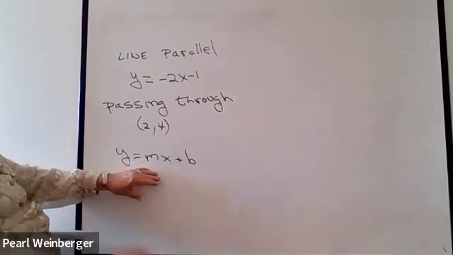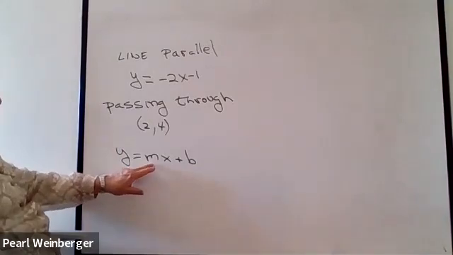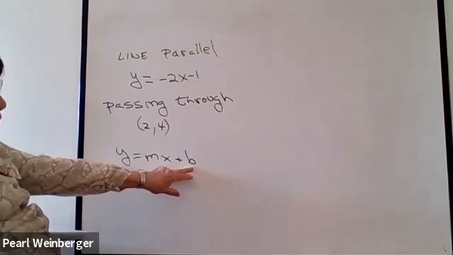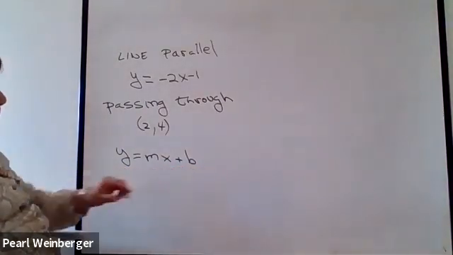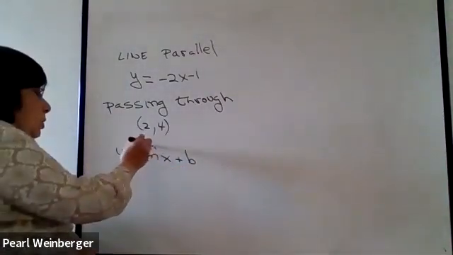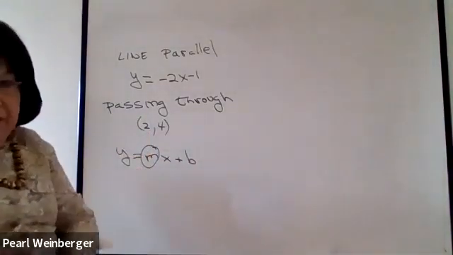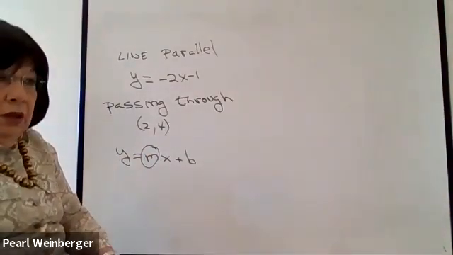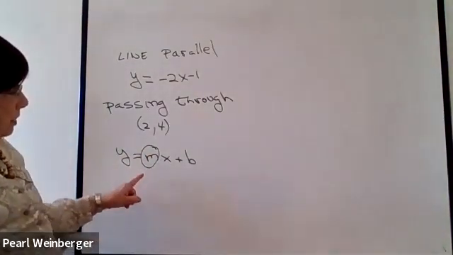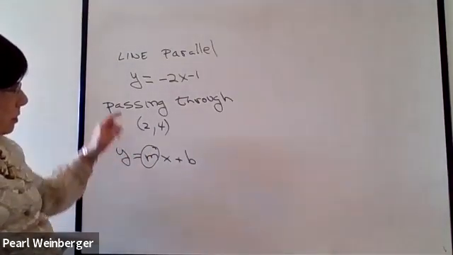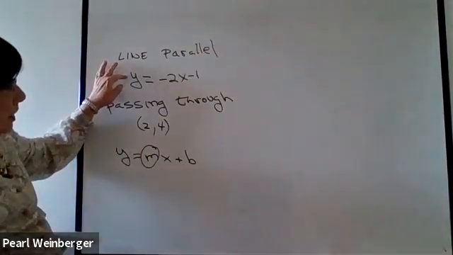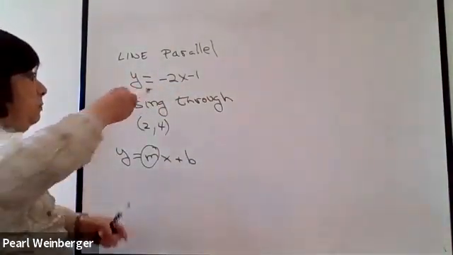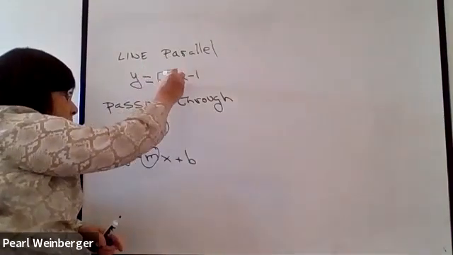Whenever we want to write the equation of a line, there are two important facts that we're going to be looking at. One is the slope, which we call the m, and one is the y-intercept, which is the b. And I always try to work on figuring out the slope first. Now, the original line that I gave you had a slope of -2, because that's the number that's in front of the x.